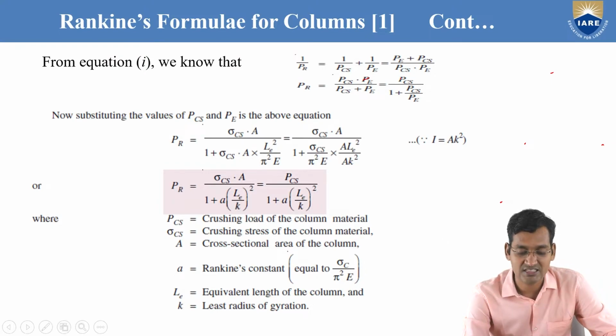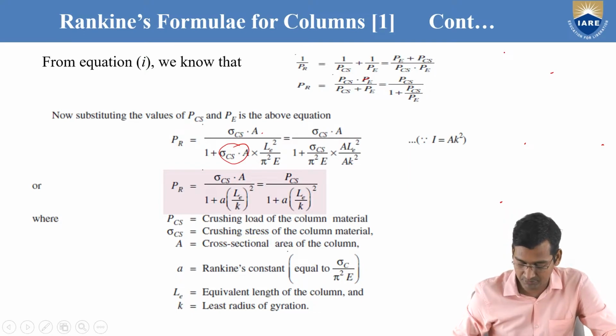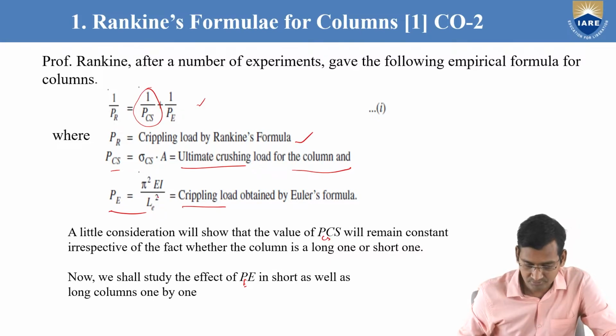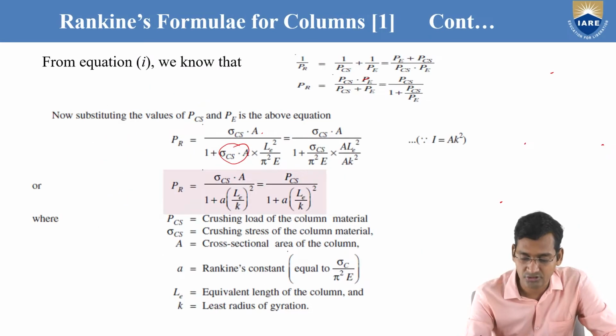What is PCS? Just now we saw in the previous slide also, sigma CS into A. And PE is what we are seeing here, pi square EI by this one.